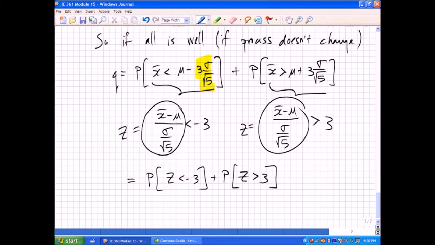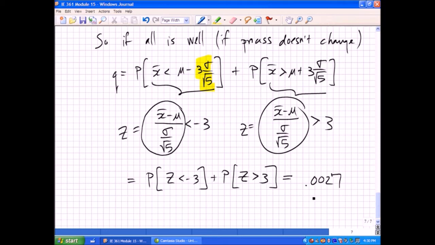And if you look in a very good normal table, one that has probabilities to 5 digits rather than 4 digits, you'll find that that sum is about 0.0027. If you use an ordinary normal table, you'll get 0.0026 for that sum.